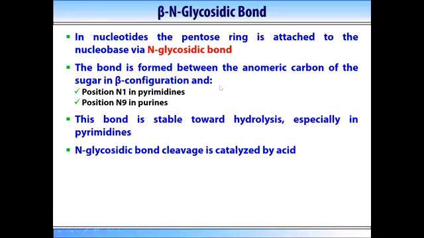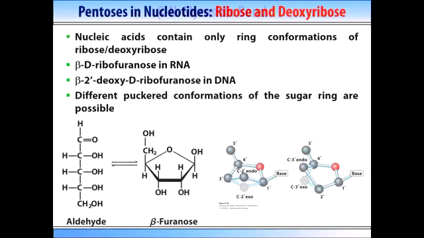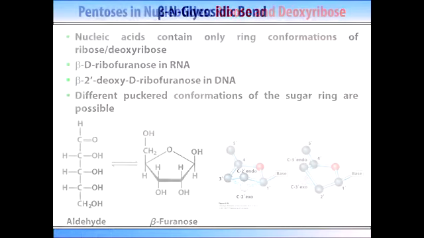In the case of nucleotides, the nucleobase is connected to the ribose through the so-called N-glycosidic bond, when the nitrogen of the nucleobase is connected directly to the carbon of the sugar. The bond is formed between the anomeric carbon of the sugar and in beta configuration, which means that, as we'll see in the next slide, the terminal CH2OH group and the nucleobase look in the same direction.